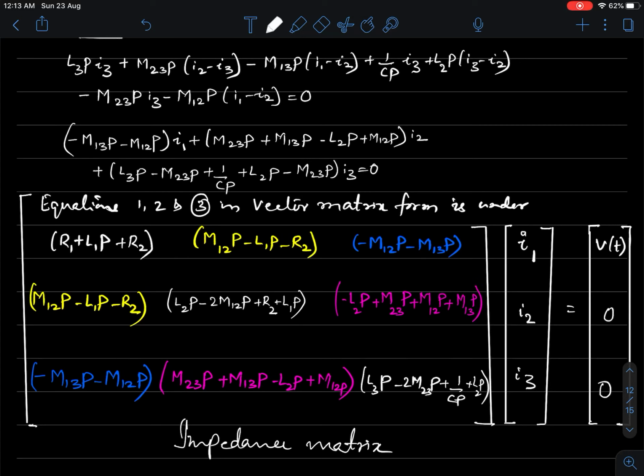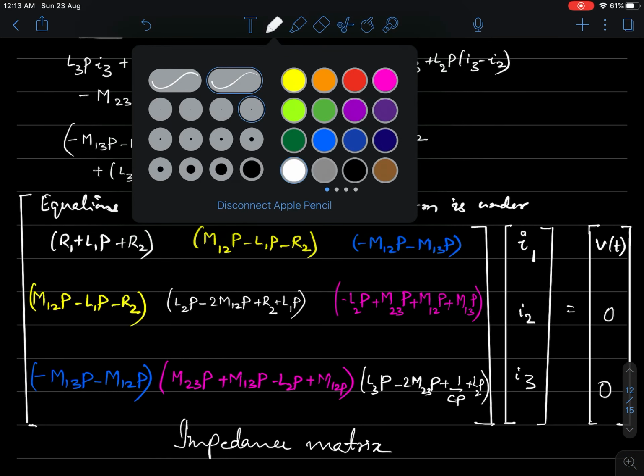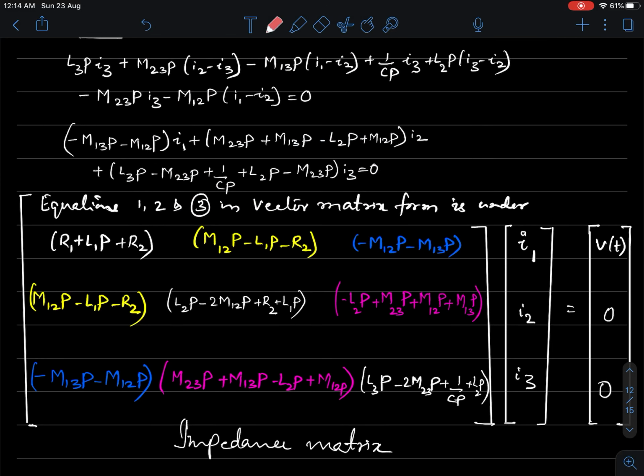How do we identify the elements? I'll take a different color, maybe this one. This is Z11, Z12, Z13.